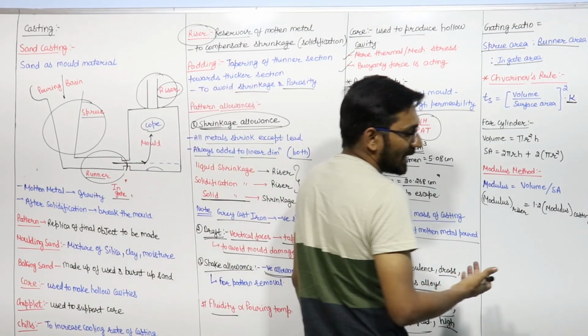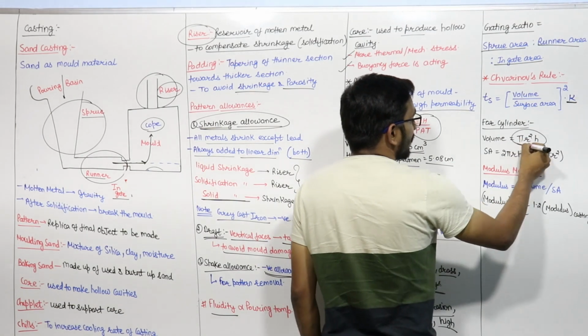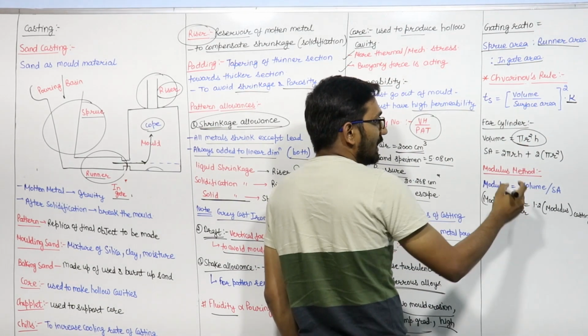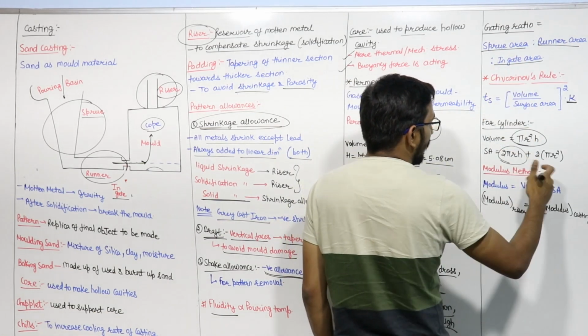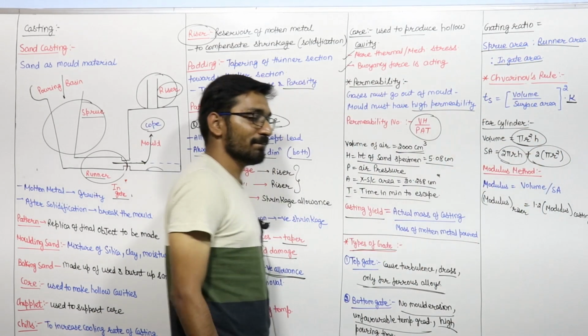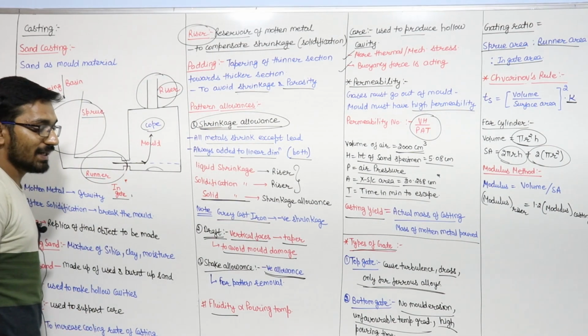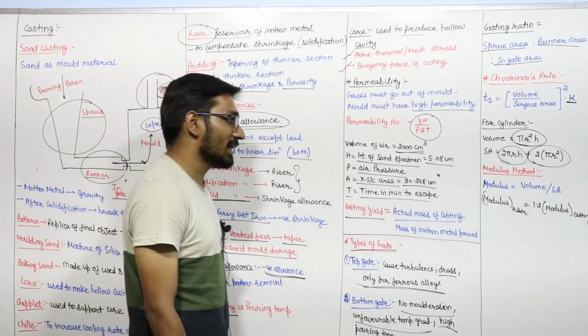If we talk about the cylinder, the volume of the cylinder will be pi r square h, and the surface area of the cylinder will be 2 pi r h plus the two circles at the top and bottom, that is 2 pi r square. So from here you will easily get the solidification time.